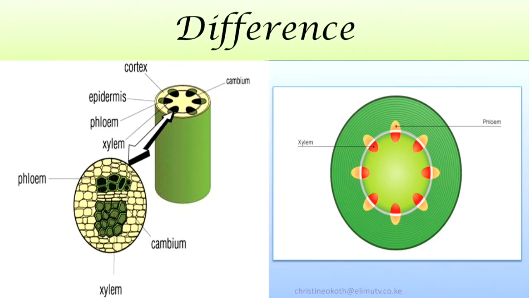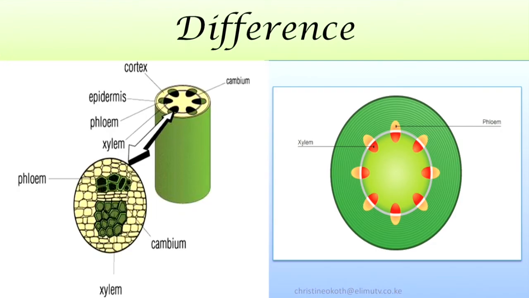So let us look at the differences that we have between the phloem tissue and the xylem tissue. If you look at their differences in terms of structure, where they are located within the plant, the phloem tissue comes immediately after the cortex. Then the xylem is found within the pith. So you can look at the example there.